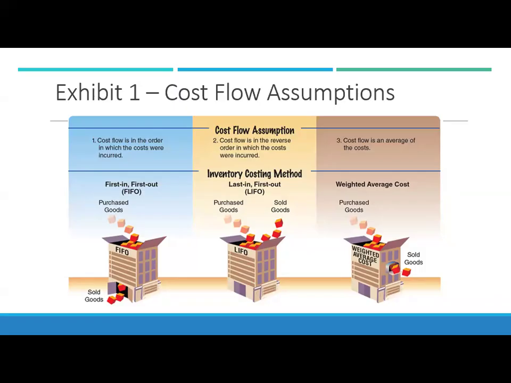Under LIFO, the most recently purchased goods are the ones that are sold. And under weighted average cost, we take a weighted average of the cost of all the ones that are put in, and then the goods come out and the cost is assigned as an average.